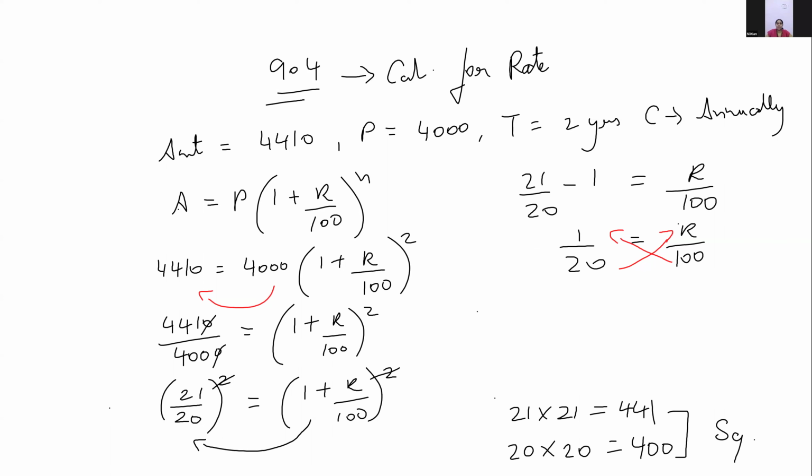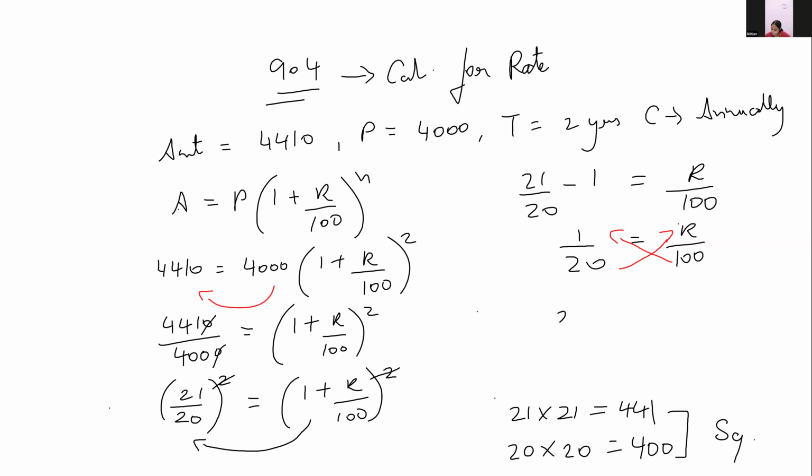So ma'am, when you subtract 1, it becomes 21 by 20 minus 20 by 20. So 21 minus 20 is 1 and 20 is the denominator. So 1 by 20. Okay, that way. Okay, thank you.